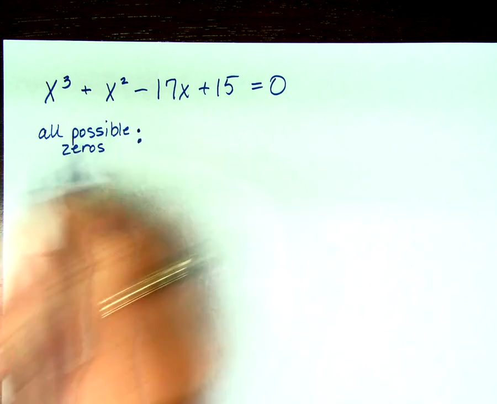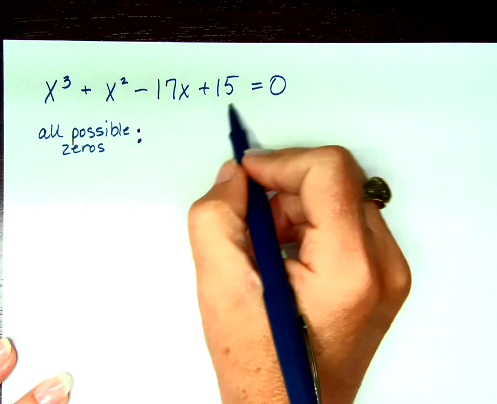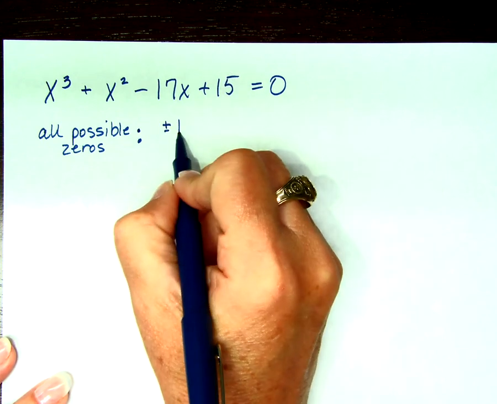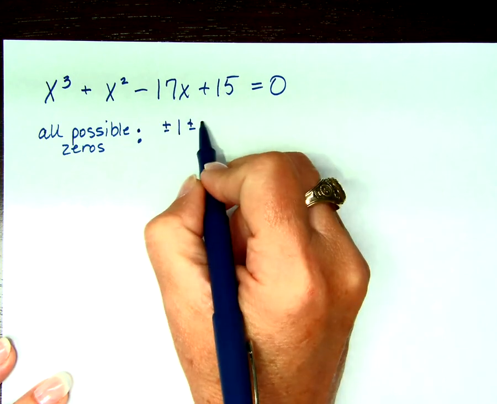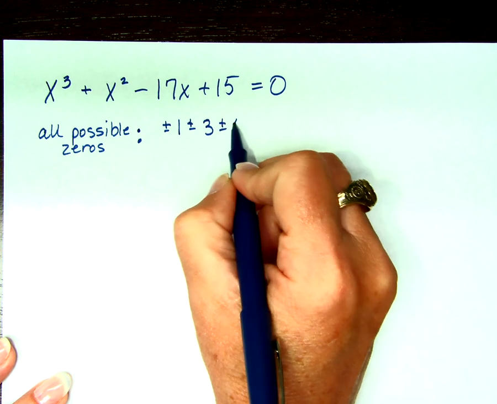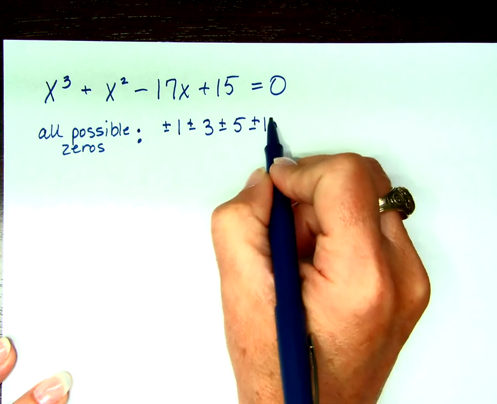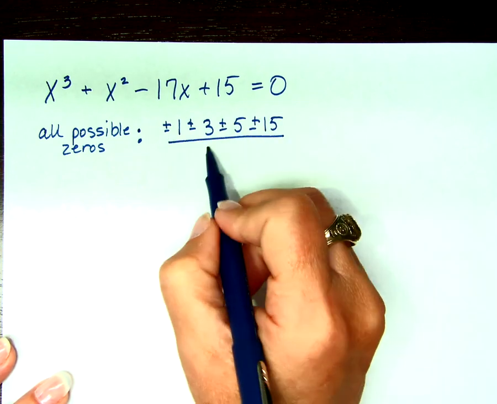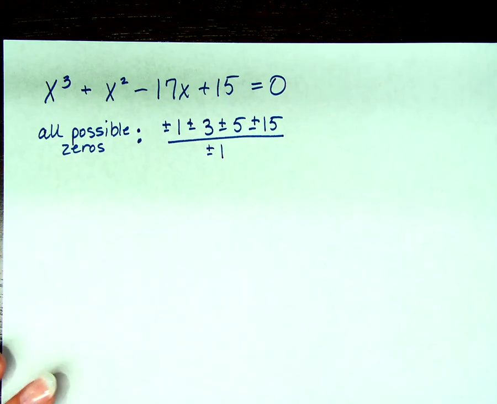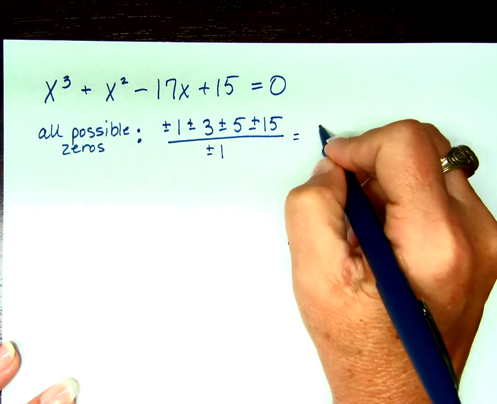What are all possible zeros here? Well, what are the factors of 15? 1, 3, 5, and 15, all divisible by plus or minus 1. Once again, that's real nice.